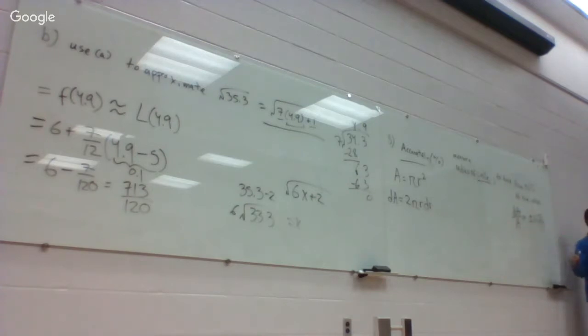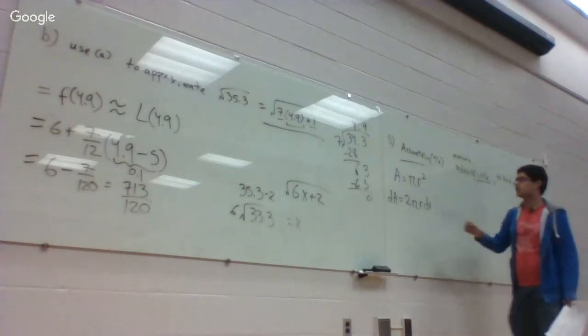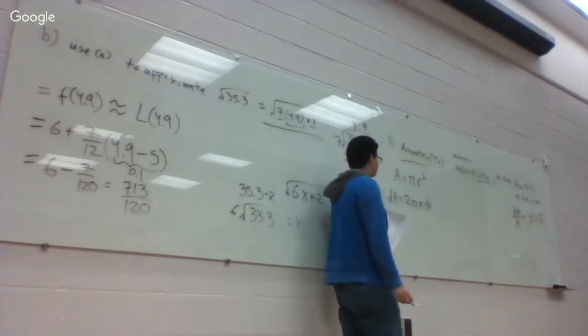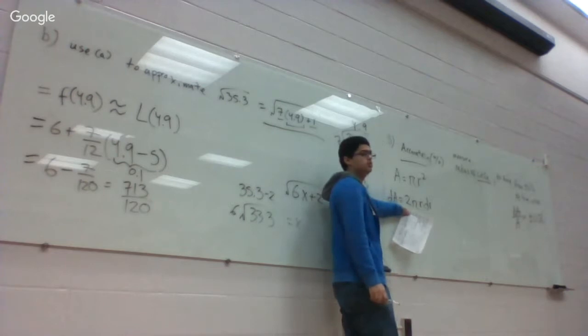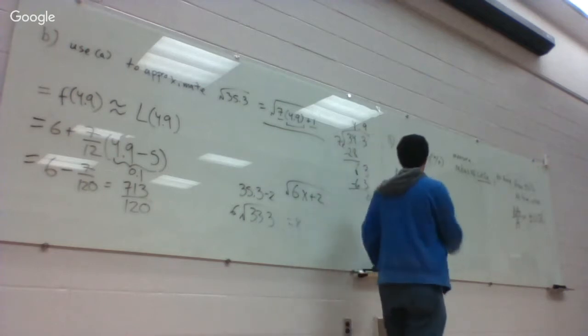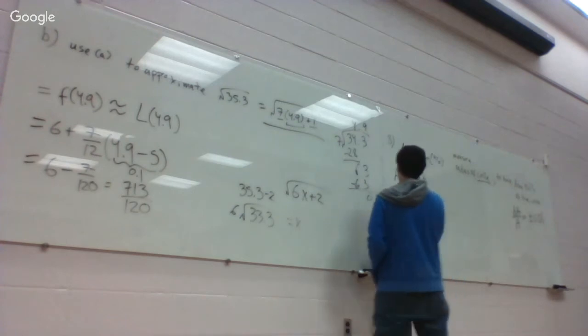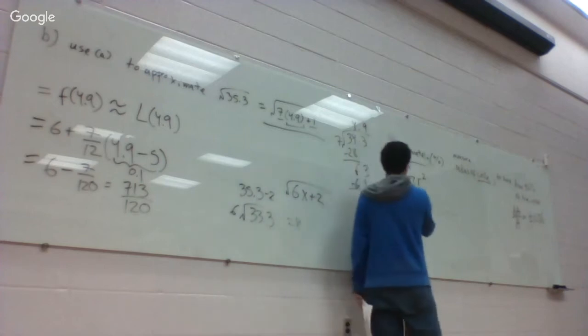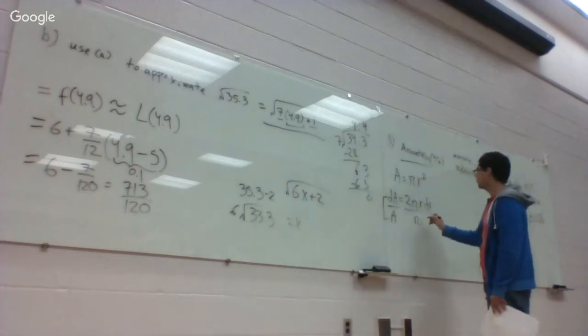So whenever you have accuracy with plus or minus something, you need the derivative of the variable over the actual variable. We have dA, so we divide by the original function so that we have dA over A. So we divide that by pi r squared.